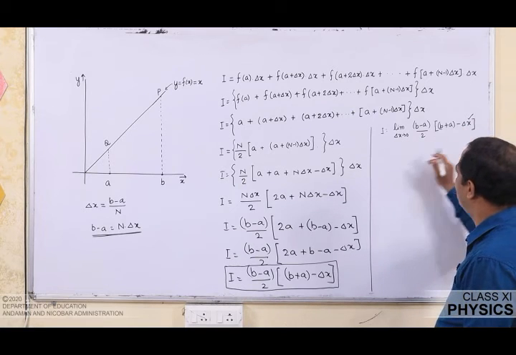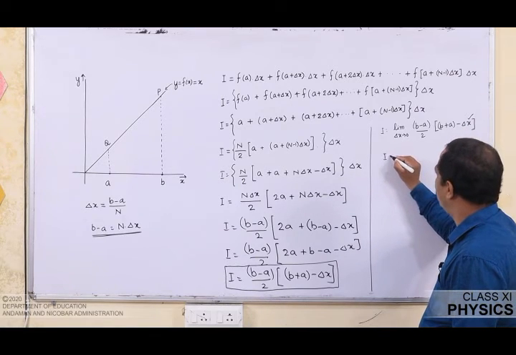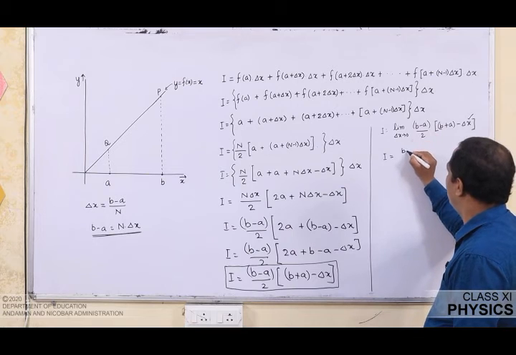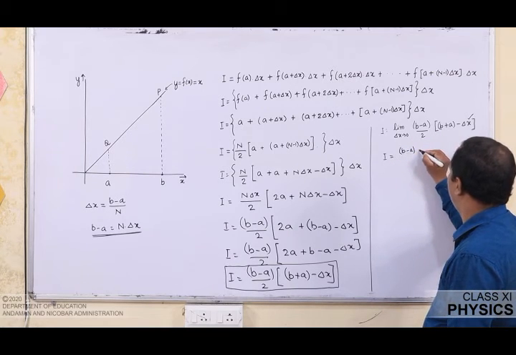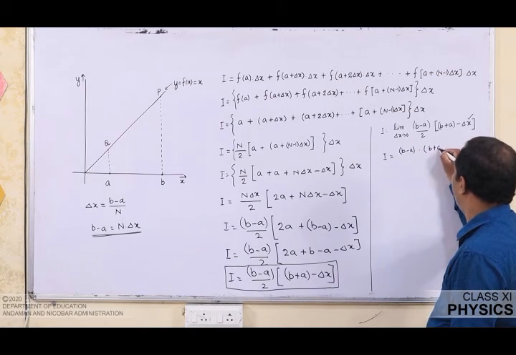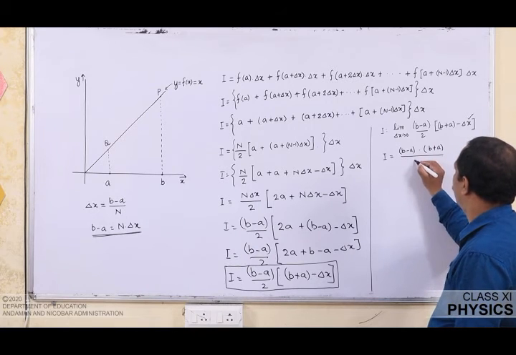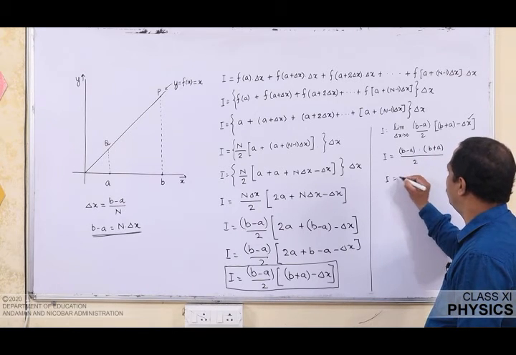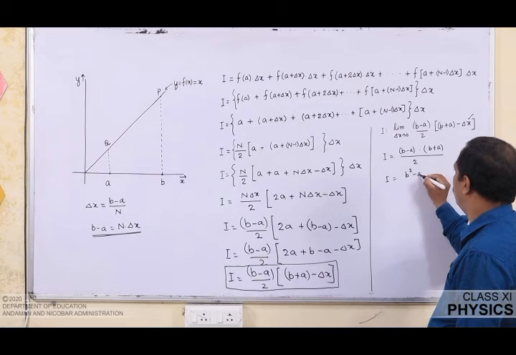So, thus if I do this, I am going to have I is equal to b minus a into b plus a over 2, which is going to be I is equal to b square minus a square over 2.